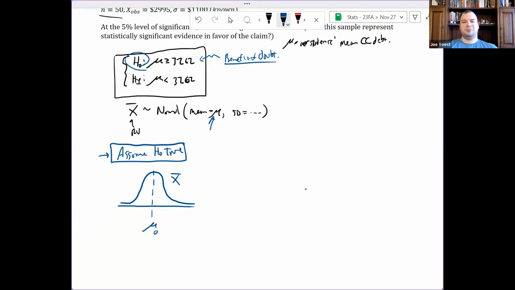We're going to clear this up in a minute, because there's a heck of a lot of means that are bigger than or equal to 3262, but we'll deal with that detail shortly. If we assume that H naught is true and that X bar is centered at some null hypothesized mean, in other words, we now know that X bar is not centered at a mean that's less than 3262.